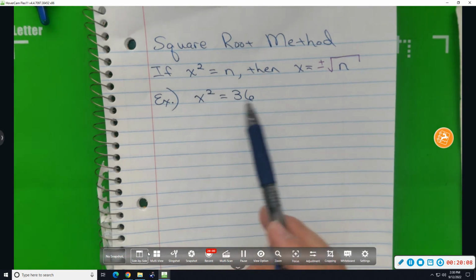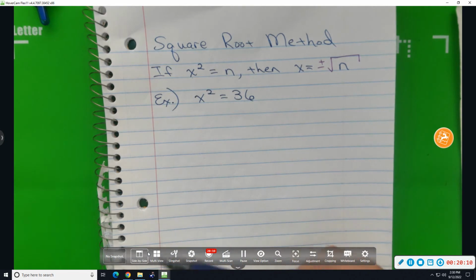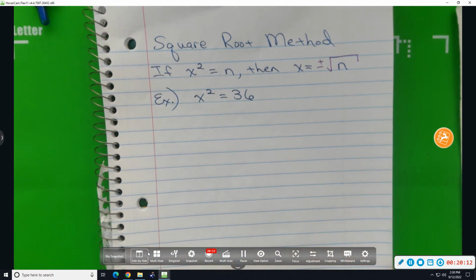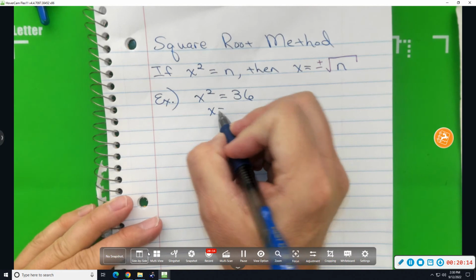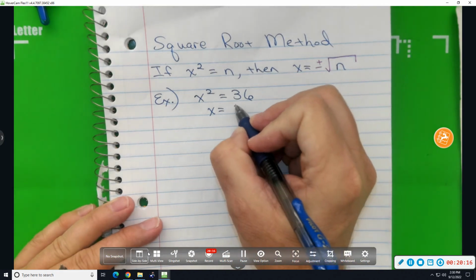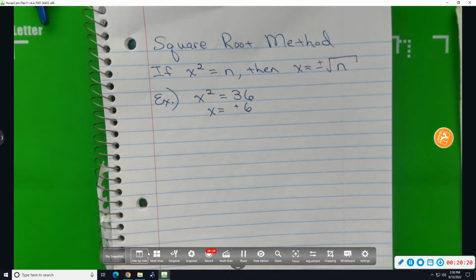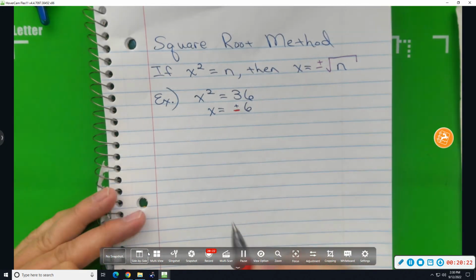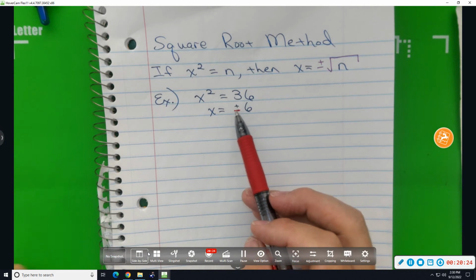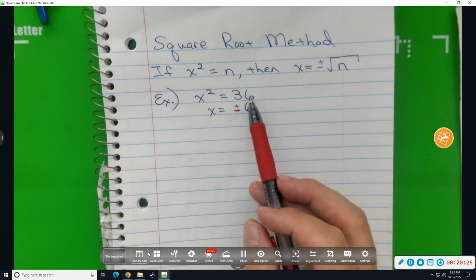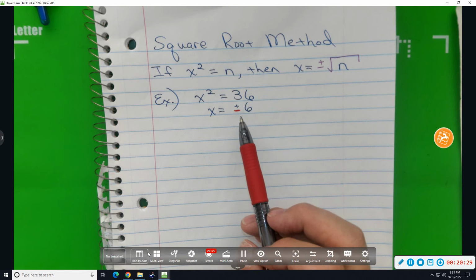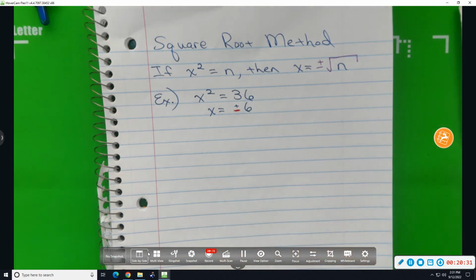Give me one of those numbers. 6, okay, I agree. I'm going to even say positive 6. Give me another one. Negative 6. Okay. Positive 6 times positive 6 gives us 36. Negative 6 times negative 6 gives us 36.